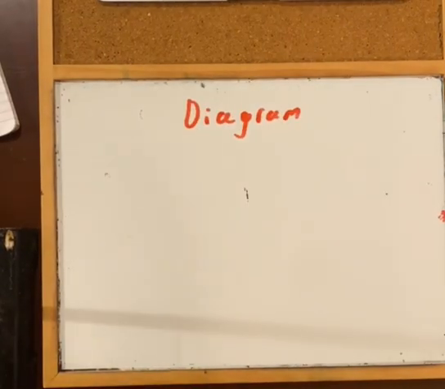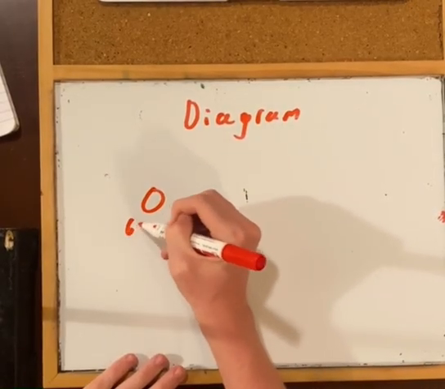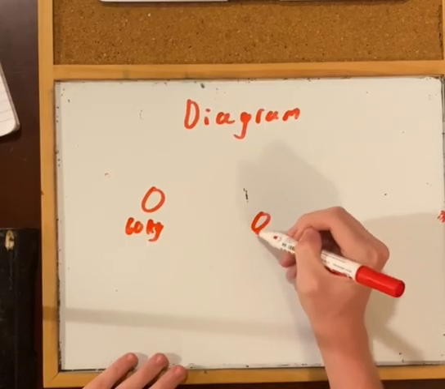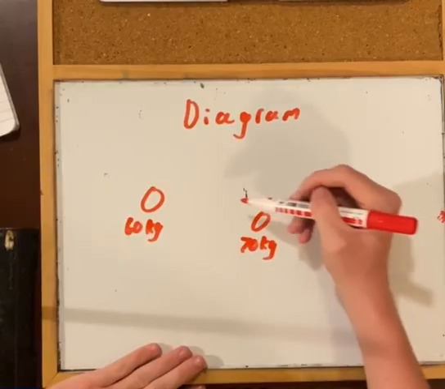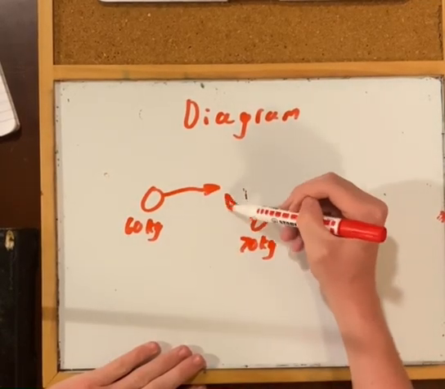So this would be our diagram. We have Yari right here, who is 60 kg, and then we have Yediel, who is here, and is 70 kg. Yediel and Yari both collide.